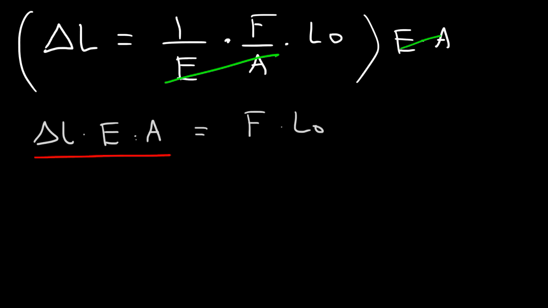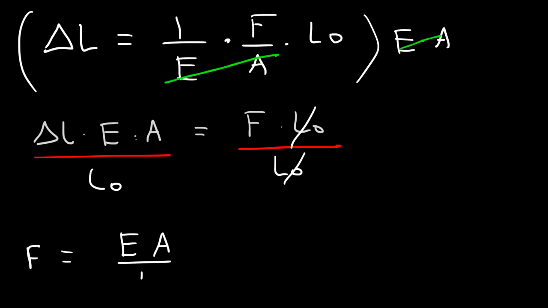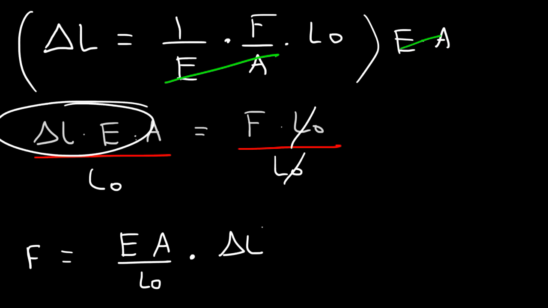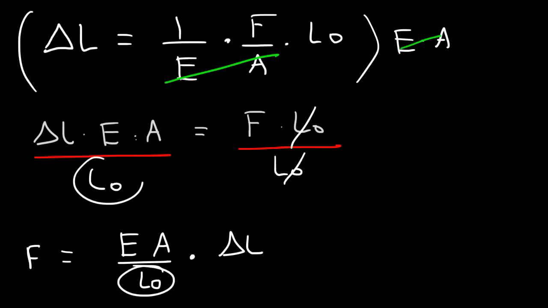Now all I need to do is divide both sides by L0. So the force is equal to, I'm going to write it a certain way: E times A divided by L0, multiplied by delta L. As you can see, these three things are still on top, and L0 is on the bottom.